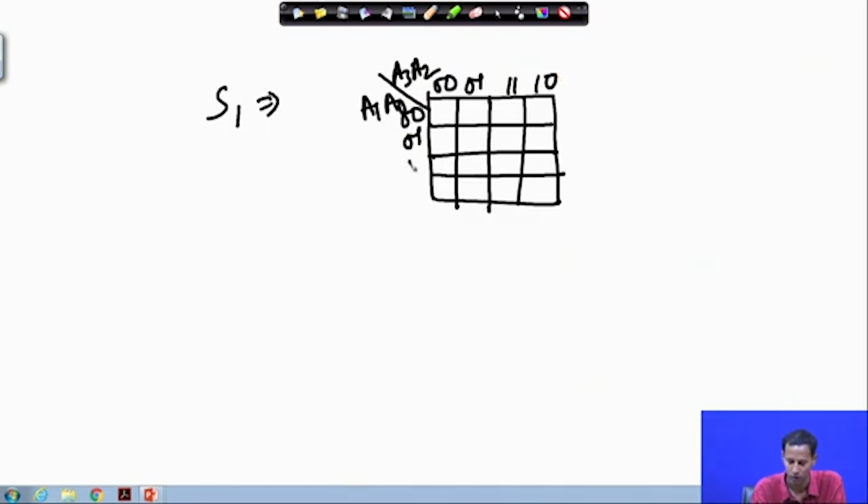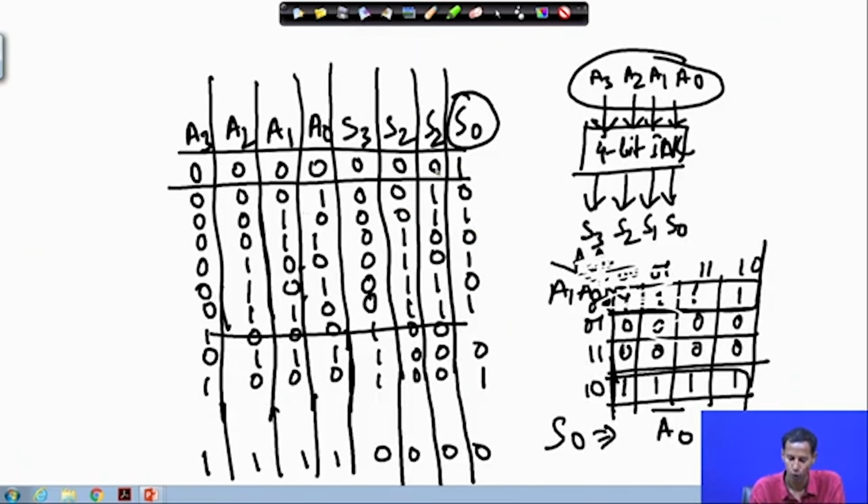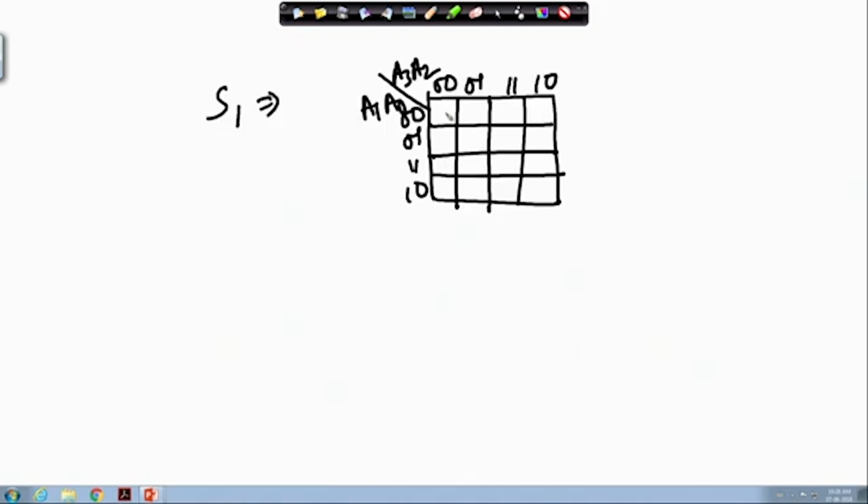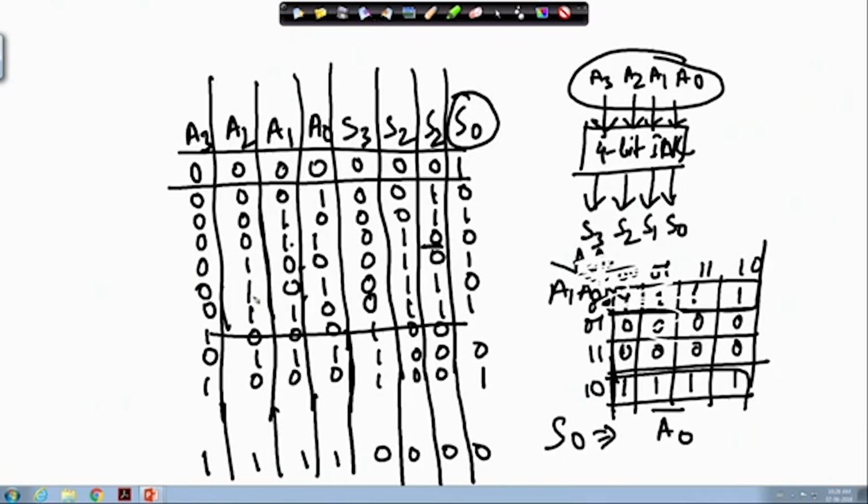If I go back to the previous slide, for S1, for 0 and for 3, that is 0 and 0. For 1 and 2, that is 1 and 1. So for 0 this is 0, this is 1, this is 1, for 2 this is 1, for 3 this is 0.